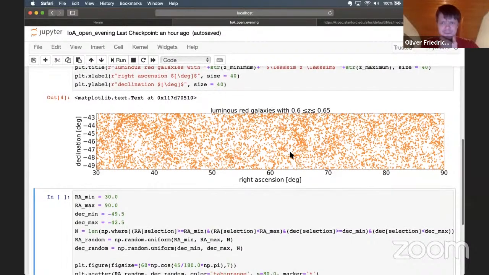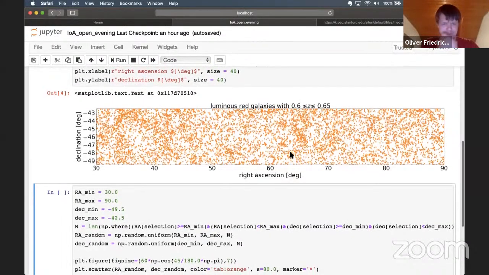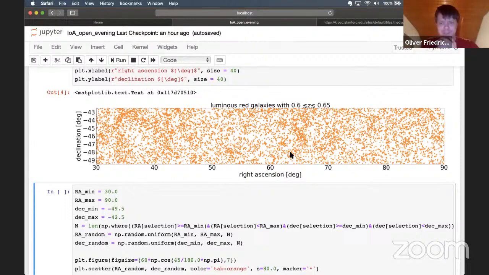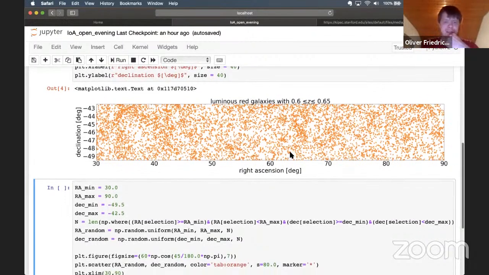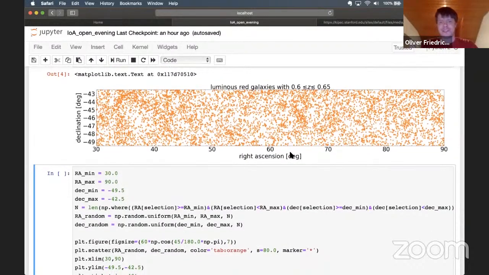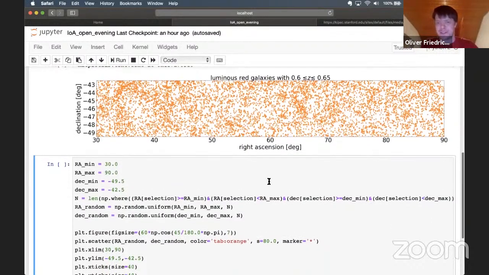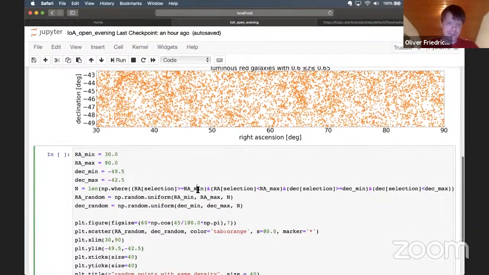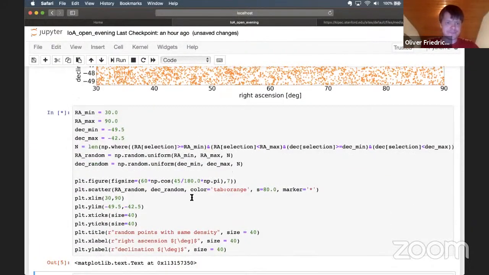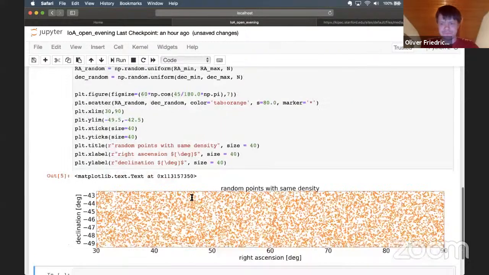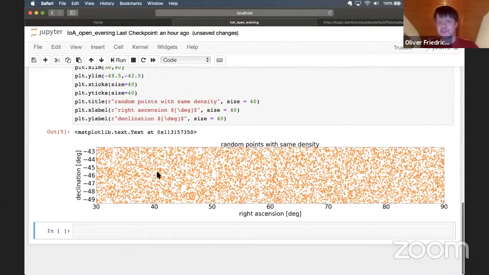And just to make a little bit of a comparison, or just to convince you that what we are seeing here is not just a random distribution of points, let's distribute the same amount of points randomly in that same area on the sky. So that's what we're going to do here. This would just be a field of random points.